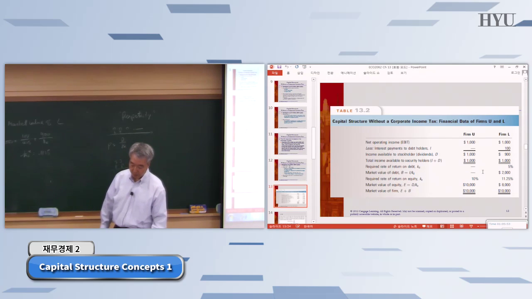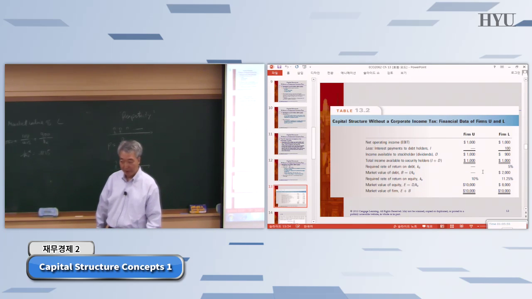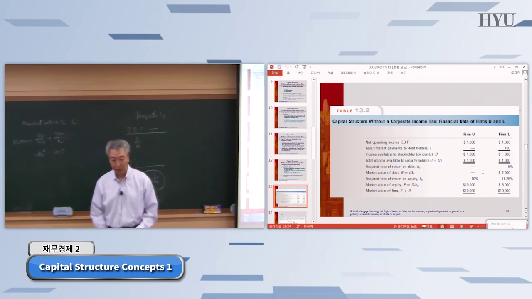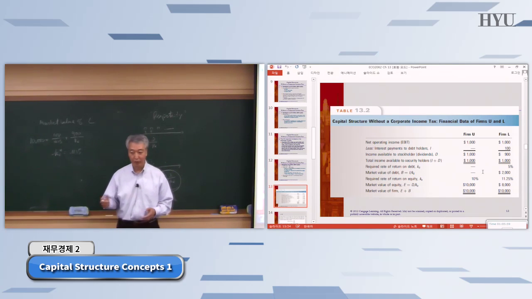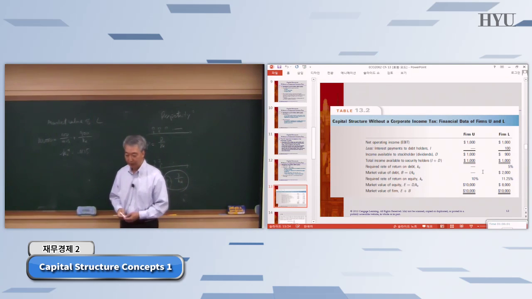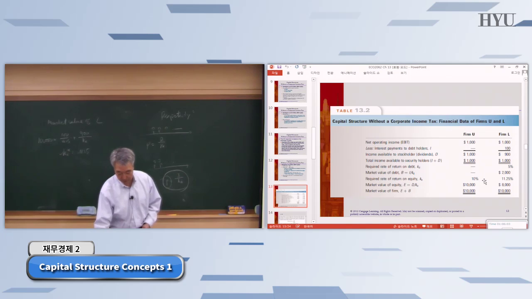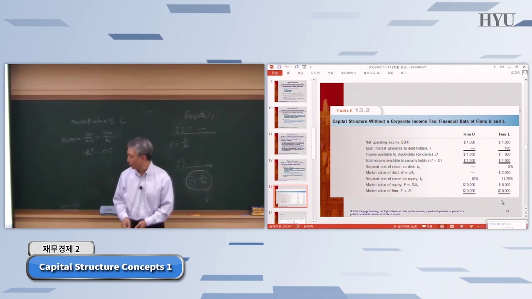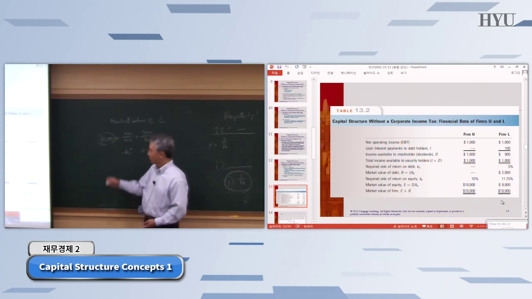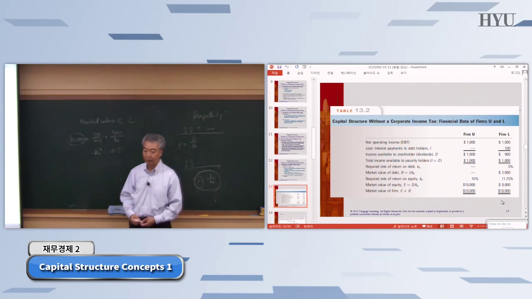But that seems a little bit of a circular argument, okay? Because the whole point of this chapter is that at the end of the whole thing, the two market values of company A and company B should be the same, right? So assuming this seems to be a little bit circular.